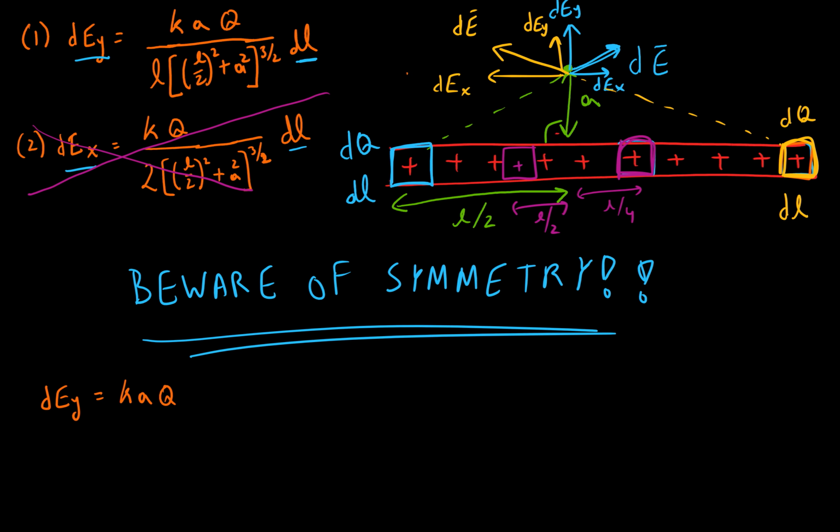Right? And then what's left inside the integral would be 1 over L times (L/2)^2 plus a^2 to the 3/2. And this will be across dl. And I know what the bounds of integration are for the length of this wire. So that's just from 0 to L. A length can't be less than 0. It can only be greater than 0 up to the total length of that wire.